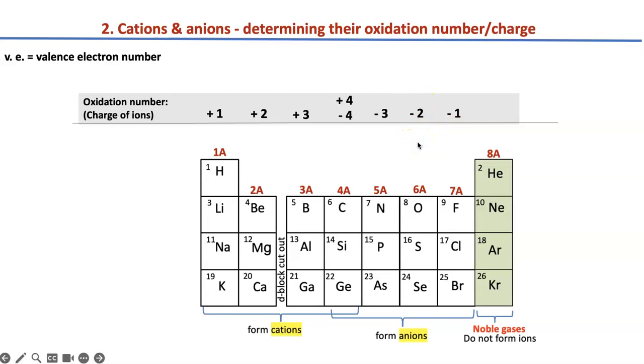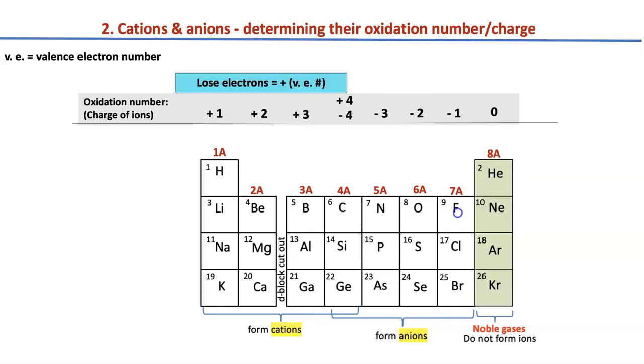If you have 7 electrons like the halogens, you just need 1 more electron to be like the nearest noble gas, and you will gain 1 electron and get a -1 charge. And noble gases, their oxidation number is 0 because they are stable and they don't form ions.